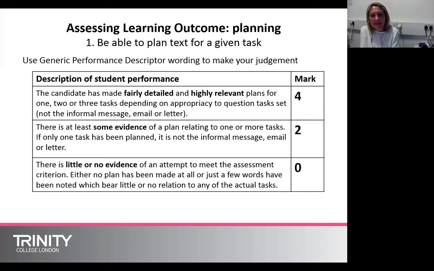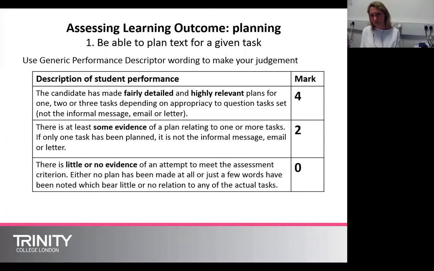If there is at least some evidence of a plan, they get 2 marks. If there is little or no evidence of the plan, so either no plan has been made or just a few words have been noted, then they get 0 marks. So for planning, we only give them 0, 2, and 4.